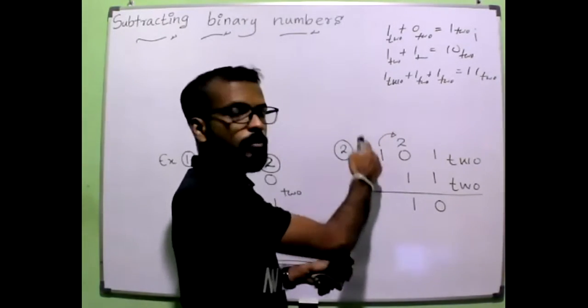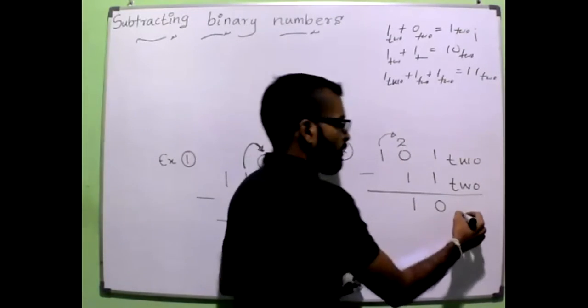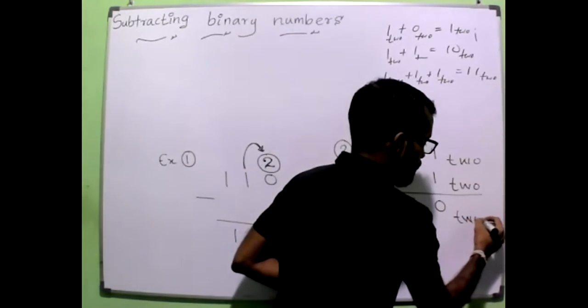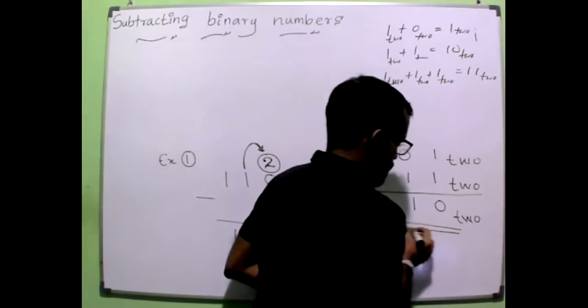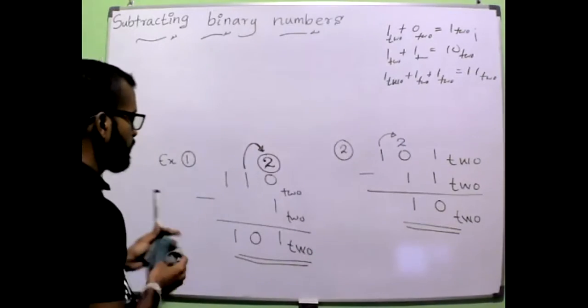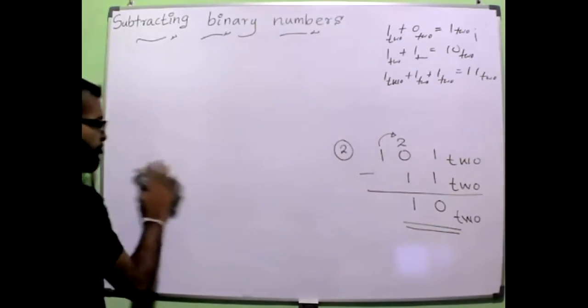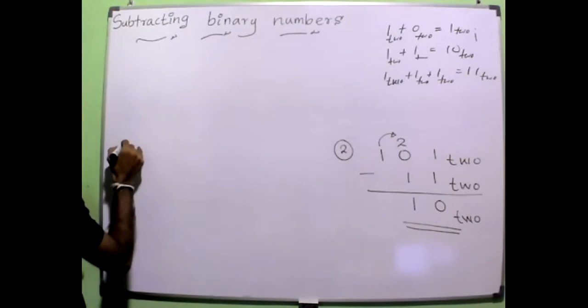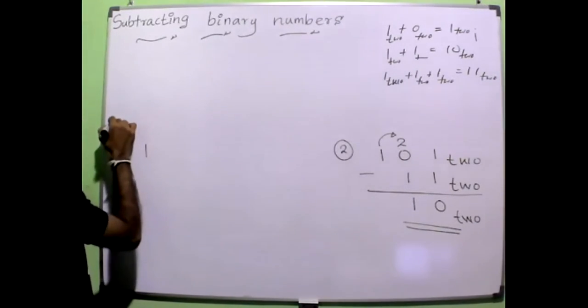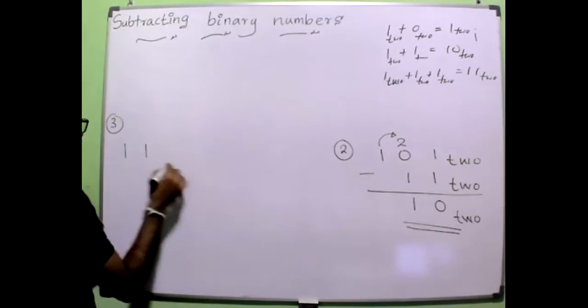Now here it becomes 0, so no need to put 0 here. So this should be the answer. Right? Write this.